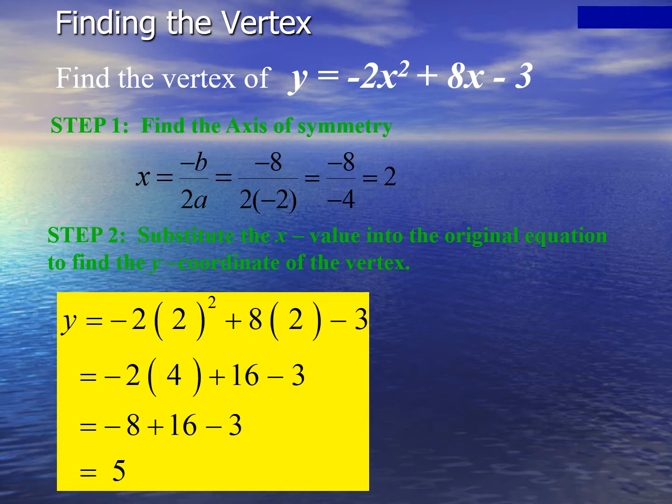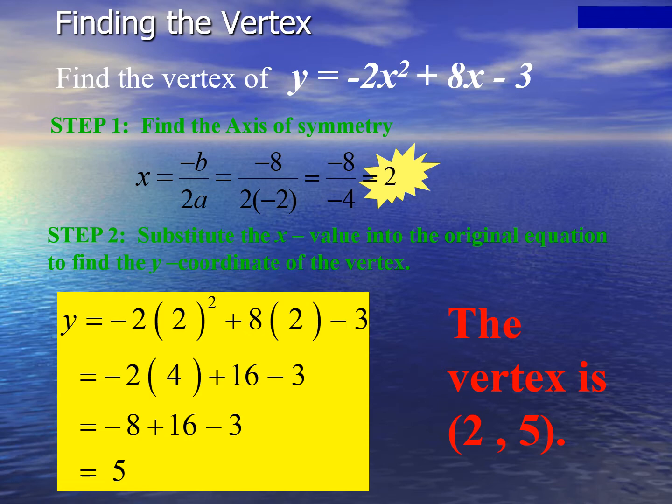Negative 2 times 4 is negative 8, and 8 times 2 is 16. Simplifying further, negative 8 plus 16 minus 3 is equal to 5. Therefore, the vertex is (2, 5). So from the axis of symmetry x equals 2, we put the value of x into the original equation, solve for y, and get the vertex.